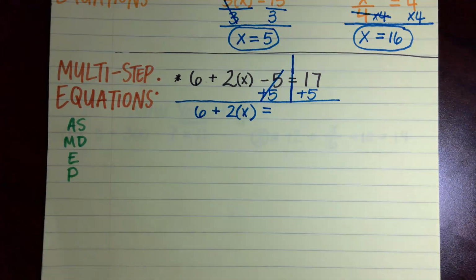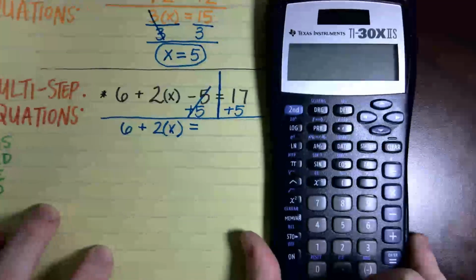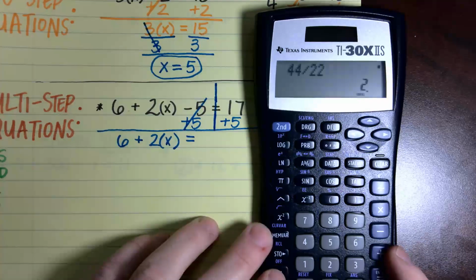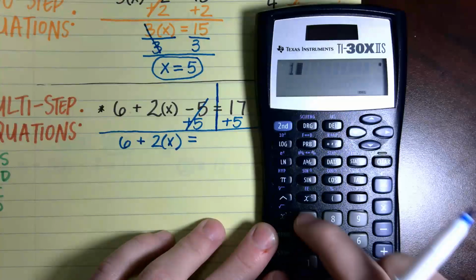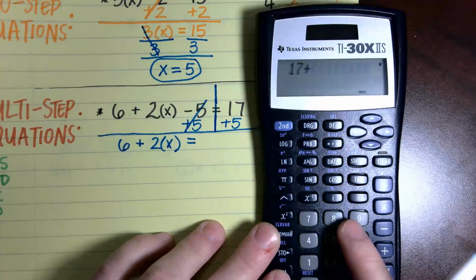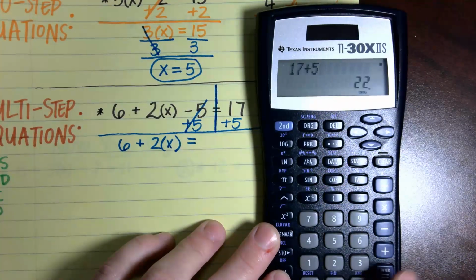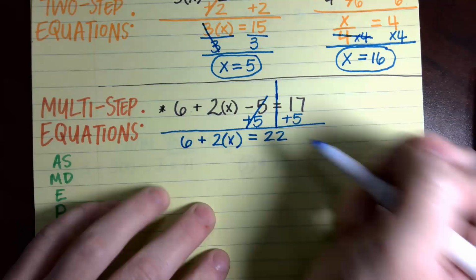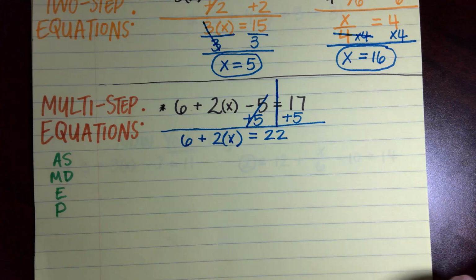Let's see, I'll type it in on my calculator too. It's 22. Yeah, so look at this. I'm second guessing. I got 22 on the 17 plus 5 equals 22. Good. So we got 22. That's all right.